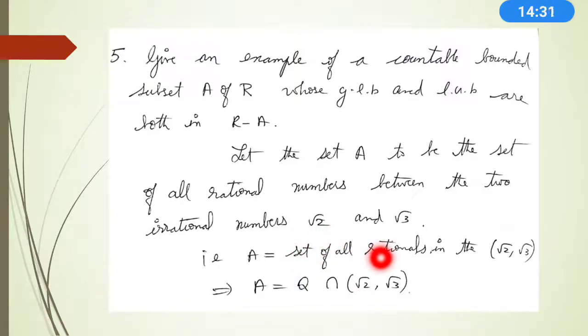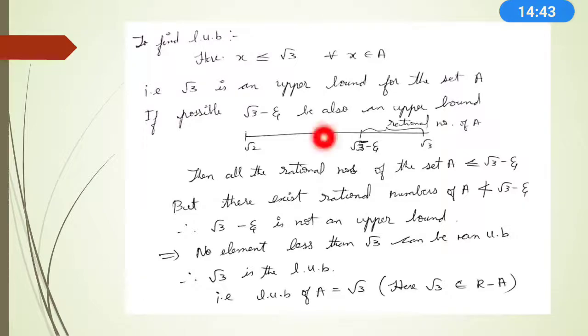Okay. Now I have to find the least upper bound. Since root 3 is the last element, obviously each element in my open interval (root 2, root 3) will be less than or equal to root 3. What does it mean? Root 3 is an upper bound for the set A. If possible, root 3 minus epsilon is also an upper bound, then there will be many rational numbers between root 3 minus epsilon and root 3.